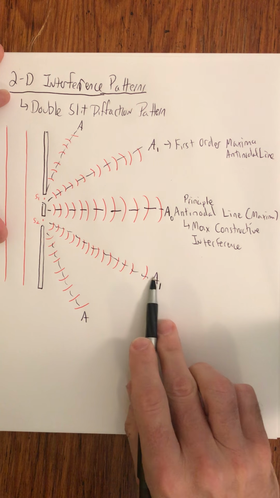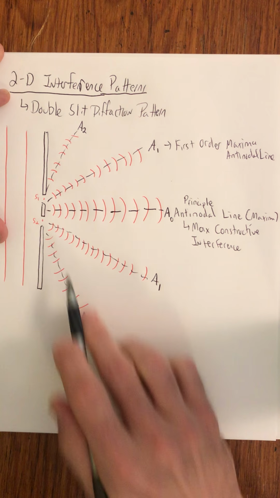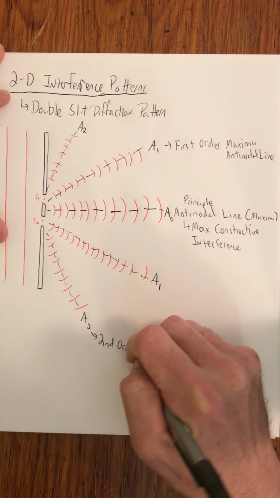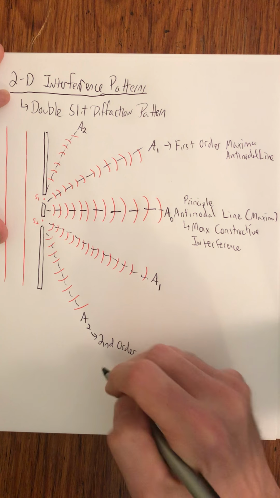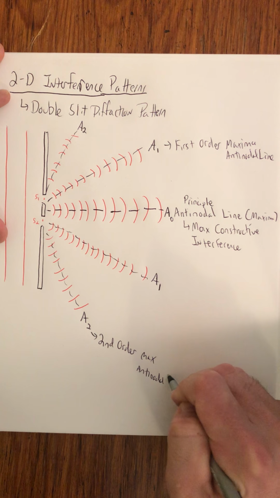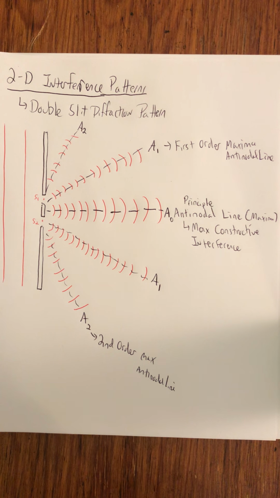Okay, and I can name this exactly the same, and this is called A2, and I'm just going to label it here. This is the second order max or the second order antinodal line. Okay, that's just the way that these things have been named. We don't know why yet. We're getting the antinodal lines where we're getting them, but that's just where we're getting them.